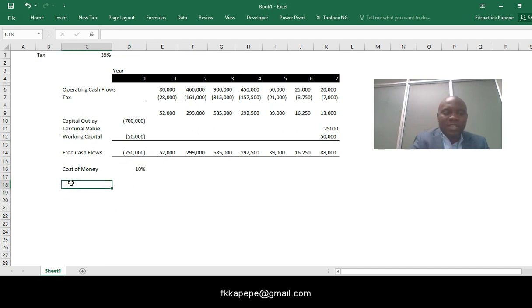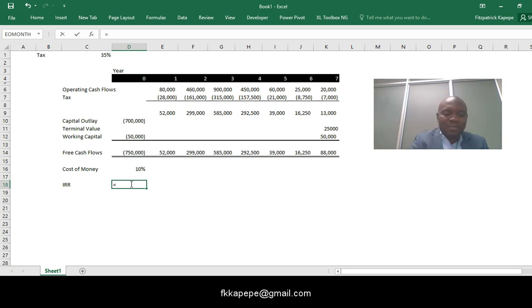Then now we need to get our internal rate of return.